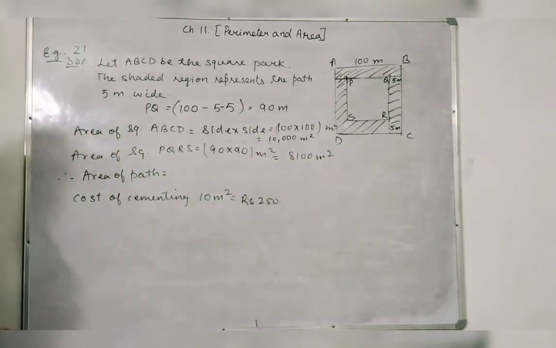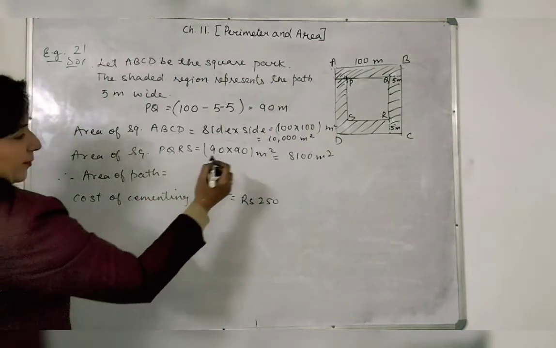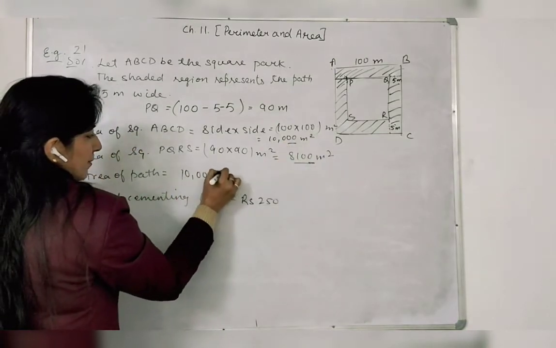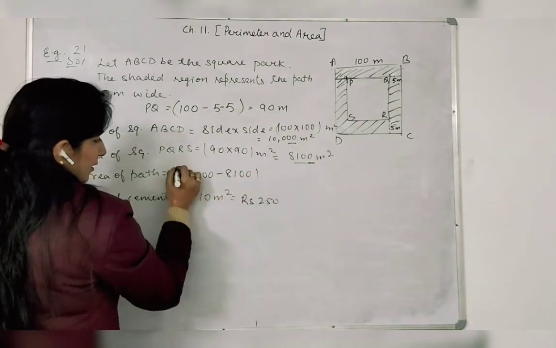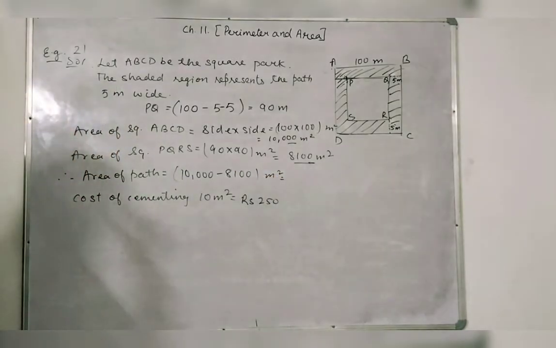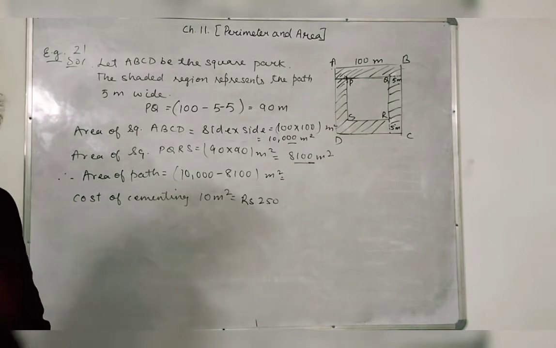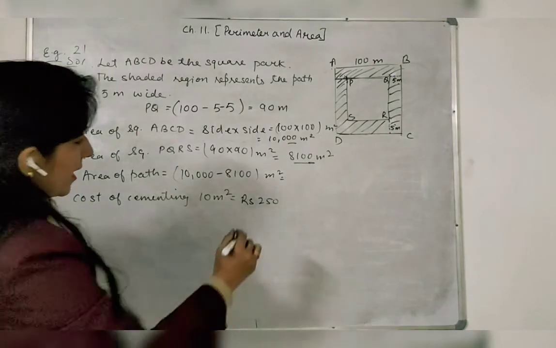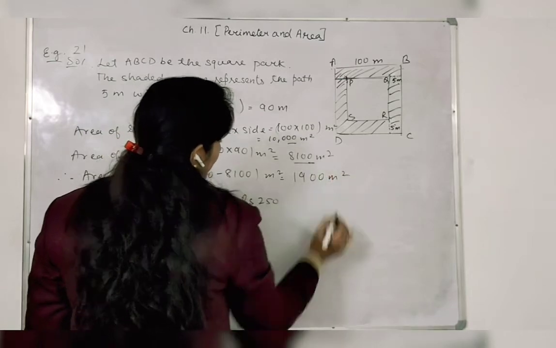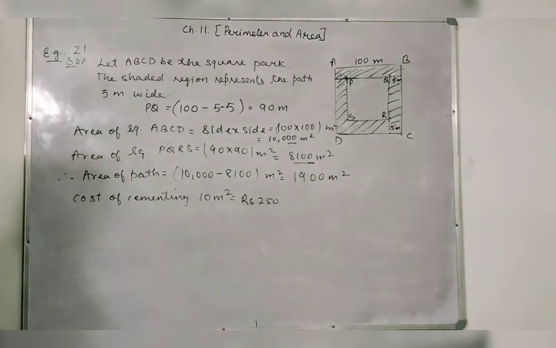Now to calculate the area of the path, we subtract this area from this. From 10,000 I am subtracting 8100. The remaining will be the area of the path, that is 1900 meter square.